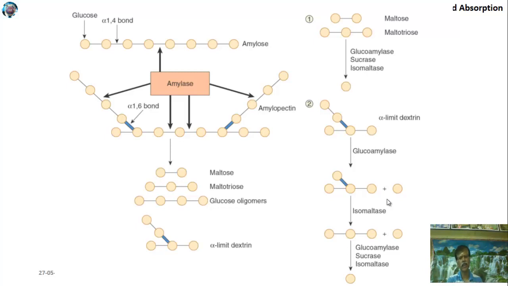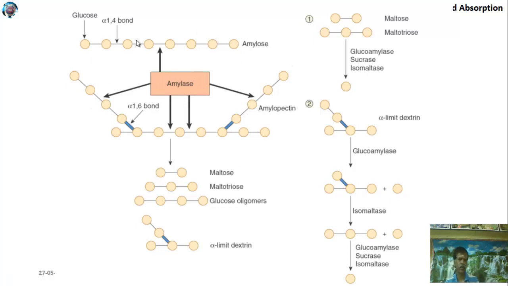Now, within the slide we are going to see how carbohydrates are digested and absorbed, how lipids are digested and absorbed, and how proteins are digested and absorbed. The slide indicates that amylase is the major enzyme which degrades the starch molecule or glycogen.